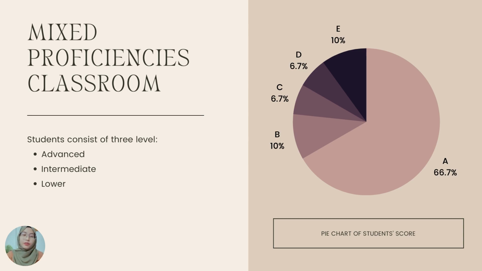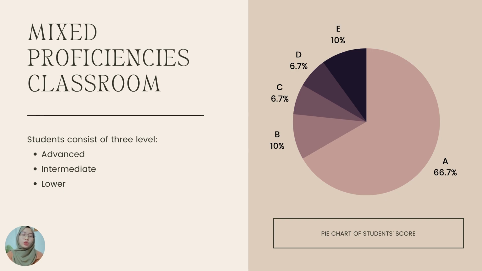From the result, I can say that my classroom comprises mixed proficiency students. The students consist of 3 levels. The first one is advanced students, then intermediate students, and also lower level students. For advanced students, students who got an A, that is 66.7%.